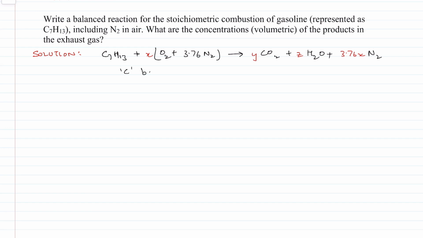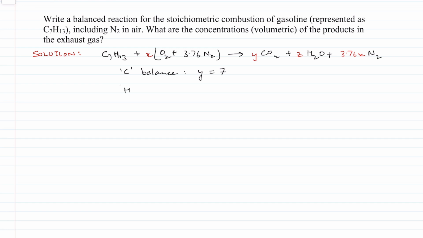So if we do the carbon balance, first usually we balance the carbon, so Y is equal to 7, pretty straightforward.